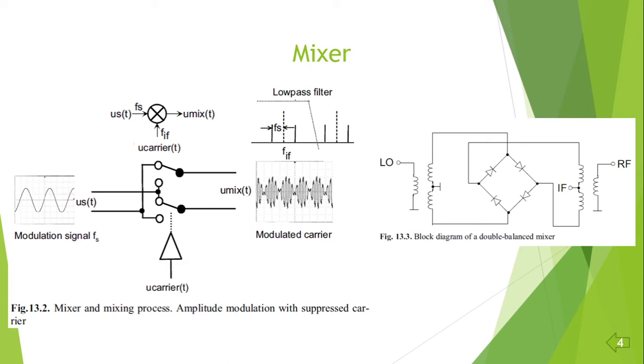The mixer shown in figure 2 is basically a double switch driven by the carrier. It reverses the polarity of the modulation signal at the carrier frequency.